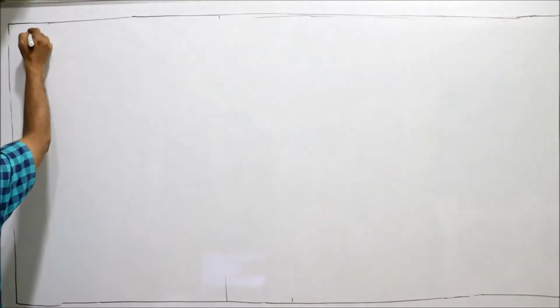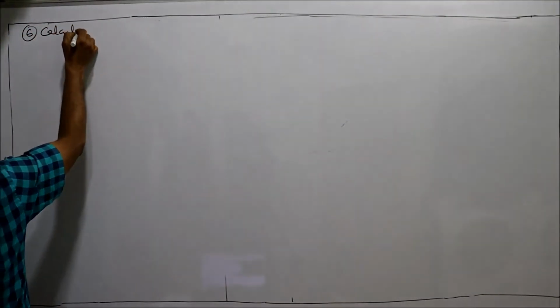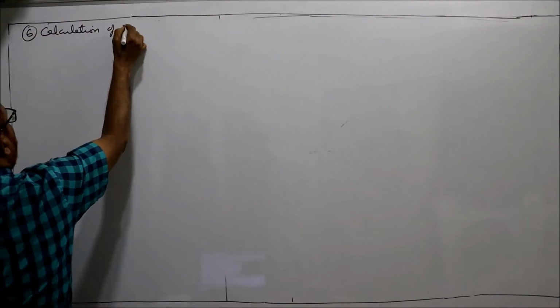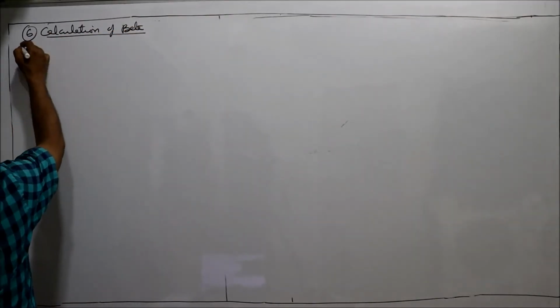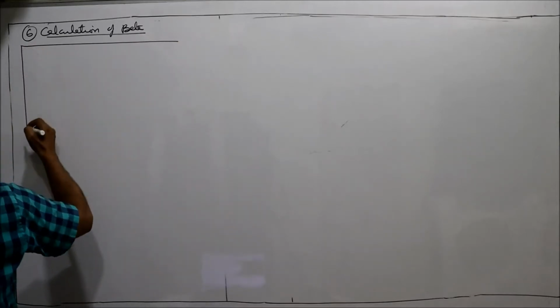Now this is the 6th problem. Calculation of beta coefficient. Beta coefficient of UTI.